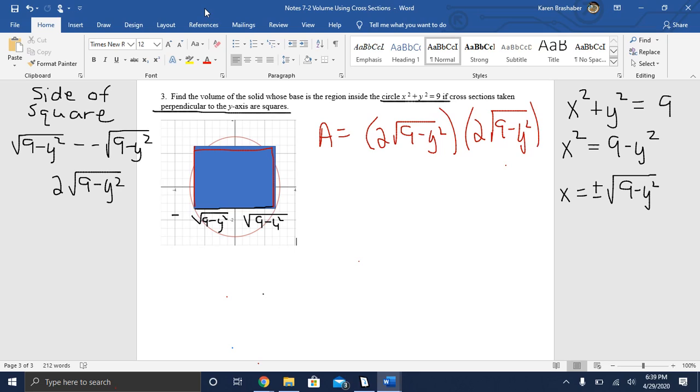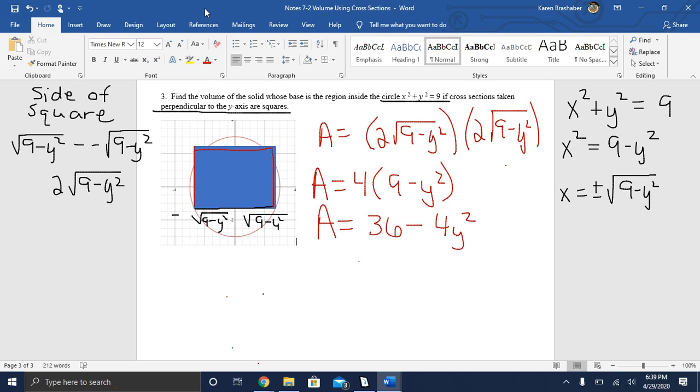And some really nice things happen. We get 4, and your square roots multiply together and go away. So you have 4 times 9 minus y squared, and you could even simplify that to 36 minus 4y squared.